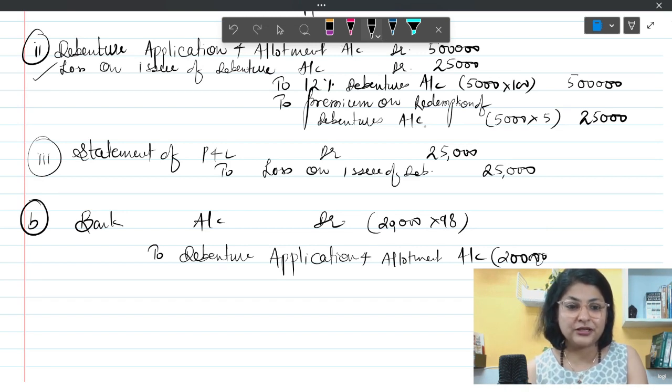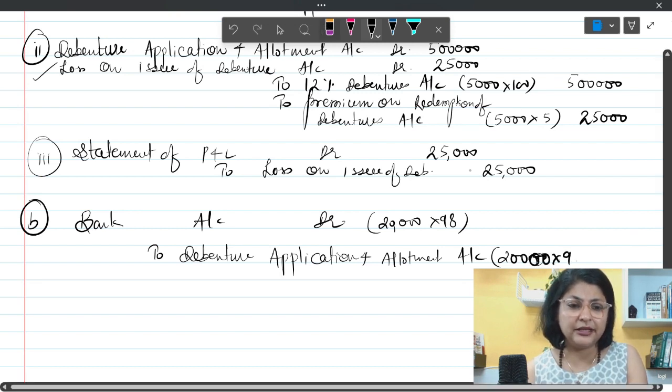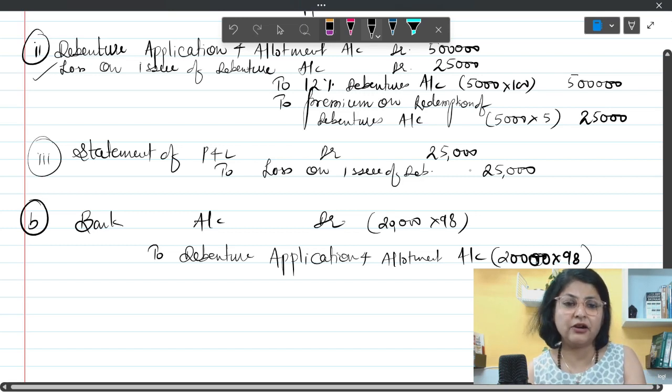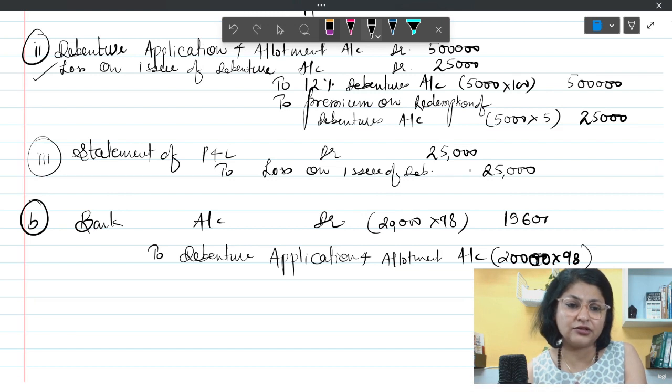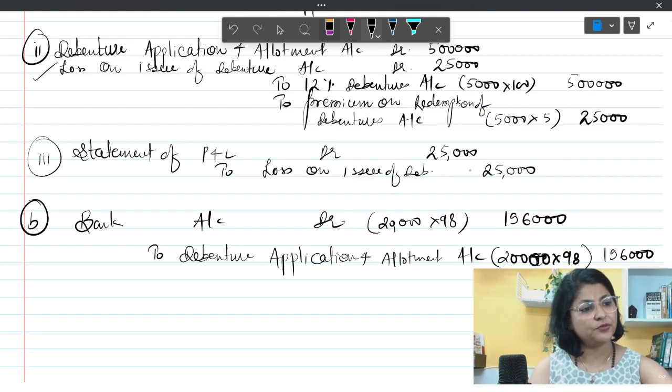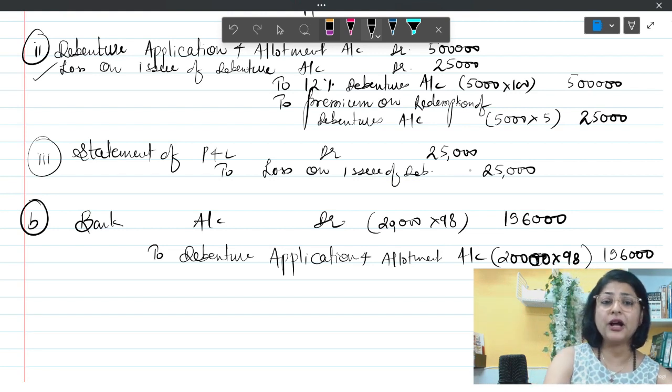So 20,000 multiplied by 98 rupees we are going to write over here, which is 1,96,000 rupees. We are going to receive this from our debenture holders. Why are we getting 2 rupees less? Because we are giving the discount of this much amount.